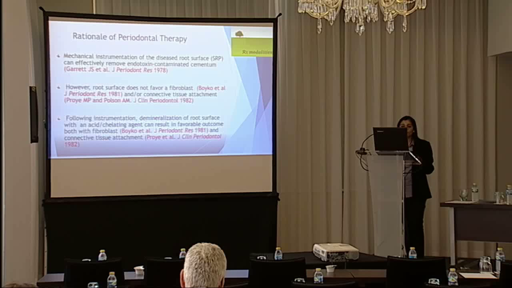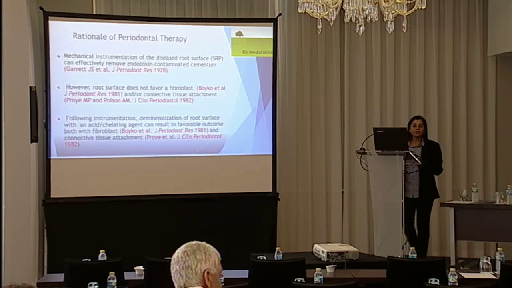What is the main goal of periodontal therapy? The main goal of periodontal therapy is to stop the disease process, which is provided by both non-surgical and surgical means. Mechanical instrumentation of the diseased root surface by scaling and root planing can effectively remove endotoxin-contaminated cementum.